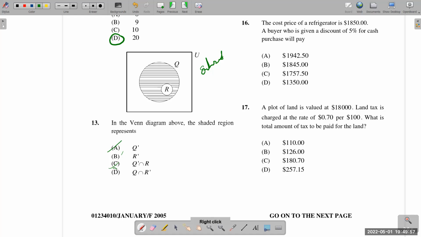Guys, it's D. Do you know why? Everything. No, sorry. It's R. It's B. It's everything except R.